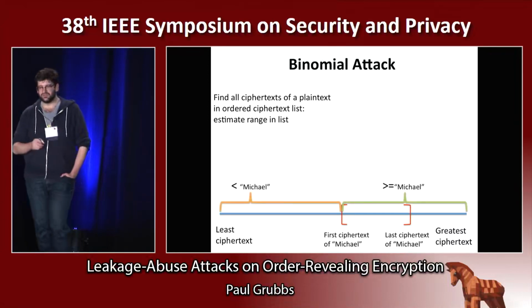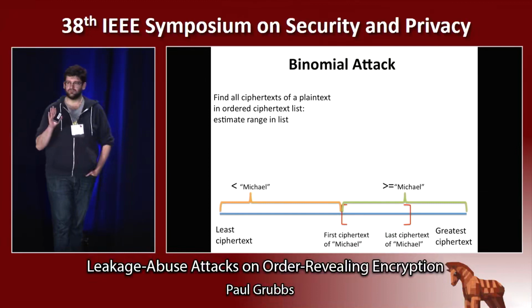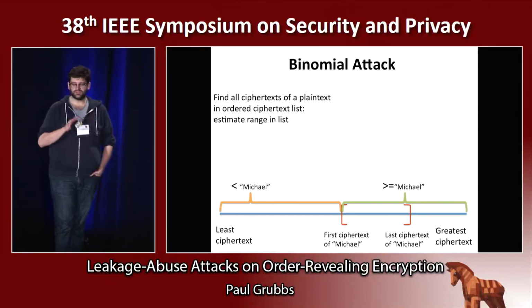Finding the first Michael is a little bit more complicated, and what we have to do here is basically consider all of the plaintext that are encrypted in your sample as being split into one of two groups. Each plaintext is either strictly less than the name Michael, or it's greater than or equal to Michael.